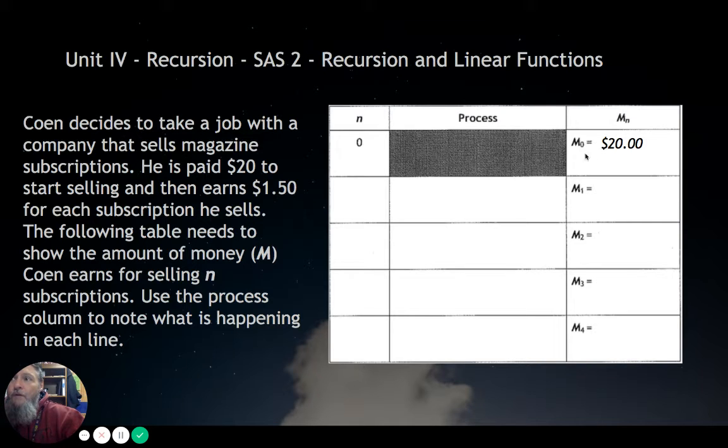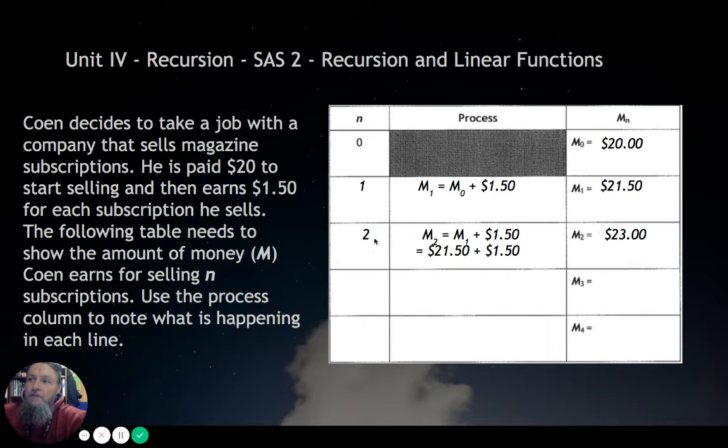If he sells 1 subscription, M subscript 1 equals M subscript 1 minus 1, which is M subscript 0, plus $1.50. We know M subscript 0 is $20, the initial value, and we add $1.50 to it, and that gives us $21.50. And we follow this process.